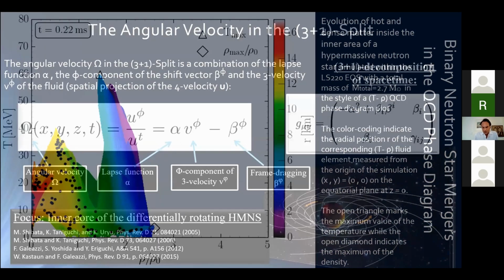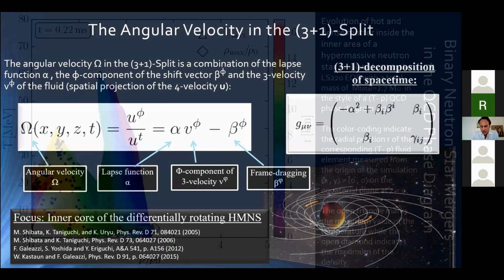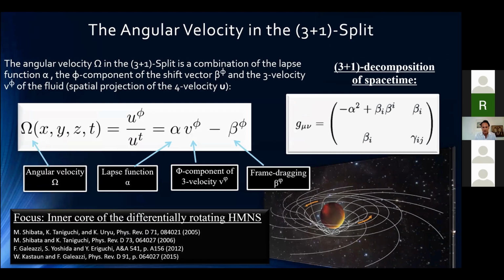To understand why such a temperature hotspot and ring-like structure comes, we have to understand how the hypermassive neutron star is differentially rotating. So here you have the angular velocity omega in the 3+1 decomposition.